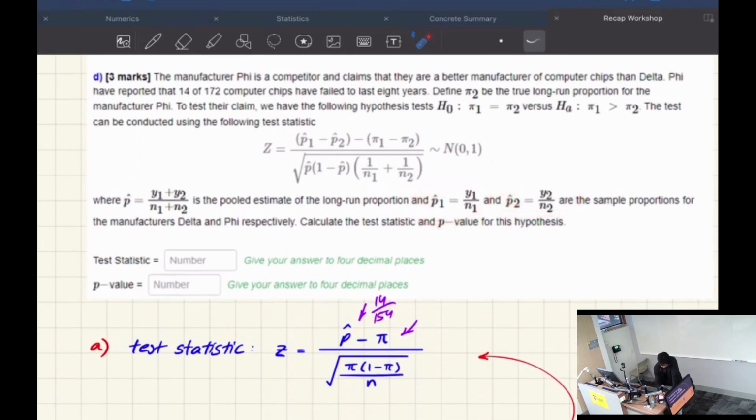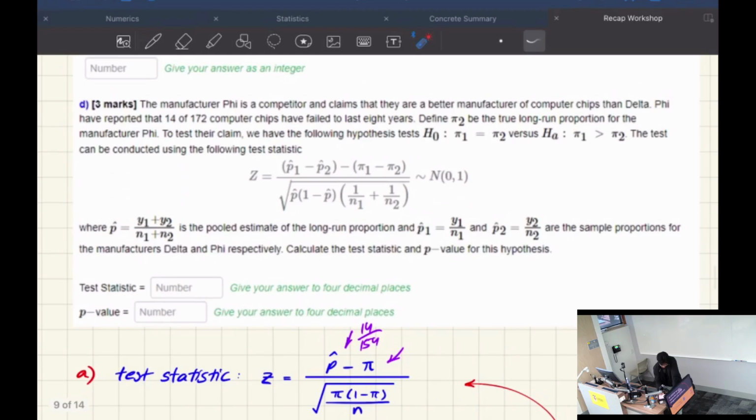One thing I want to note though, what's pi 1 and pi 2? Well, actually, what is the value of this whole thing? E? 0. Yeah, perfect. Because we're trying to prove for pi 1 is equal to pi 2. And if they're equal to each other, this just cancels out.